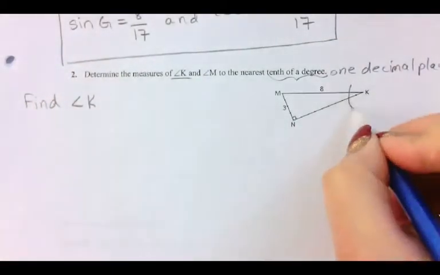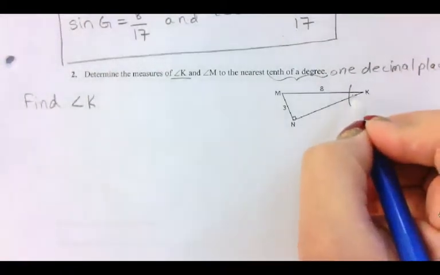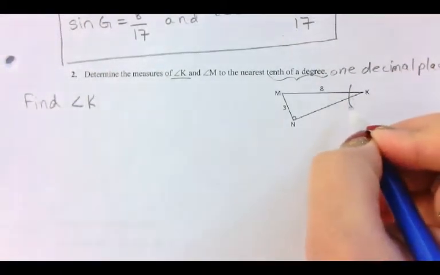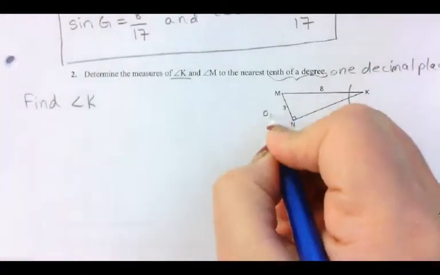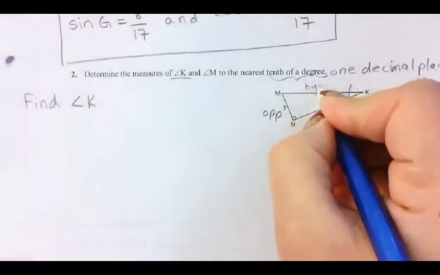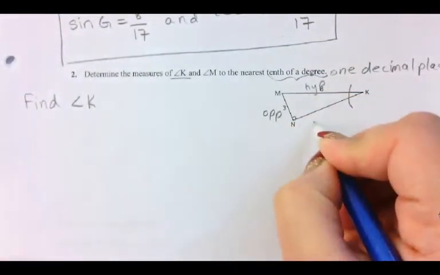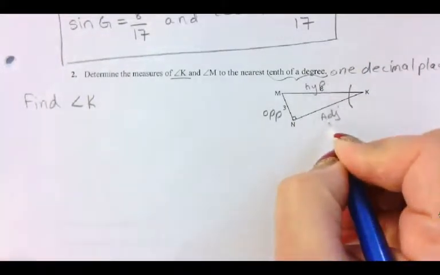So let's mark that off as our important angle of this question and label our sides accordingly. So what are we going to label our sides now? What is this side going to be? Opposite. This is going to be hypotenuse. And then this side here is the adjacent. We don't have a number for the adjacent.